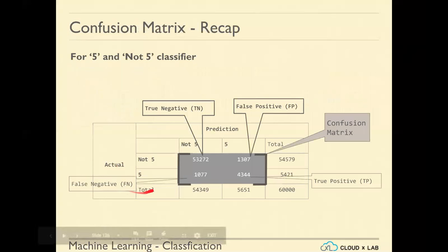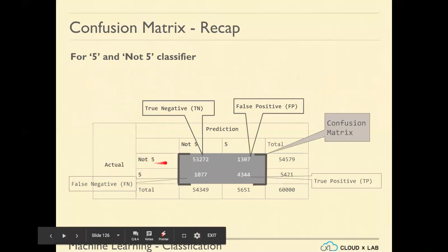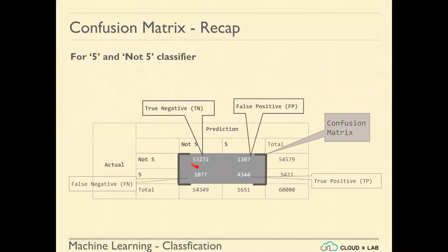It shows the actual 5s and not-5s, and how many were predicted as not 5 and were originally not 5, how many were predicted not 5 while they were originally 5, how many were predicted 5 and were originally 5, and how many were predicted 5 but were not 5.